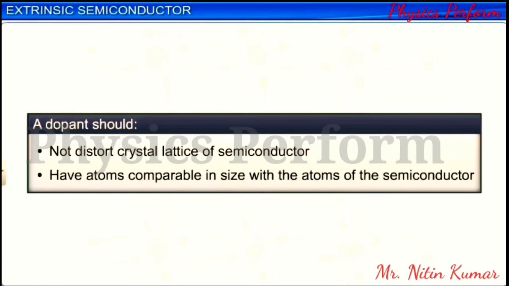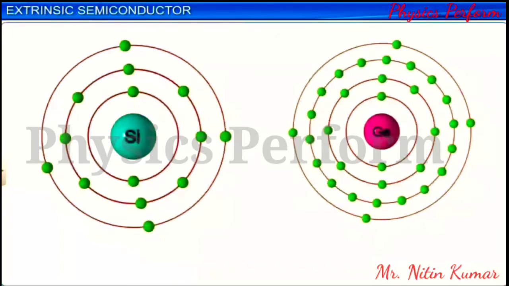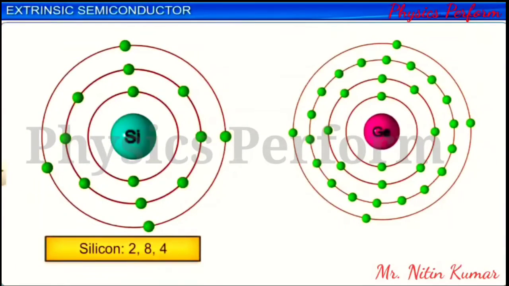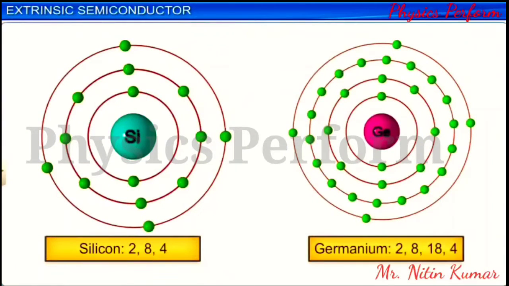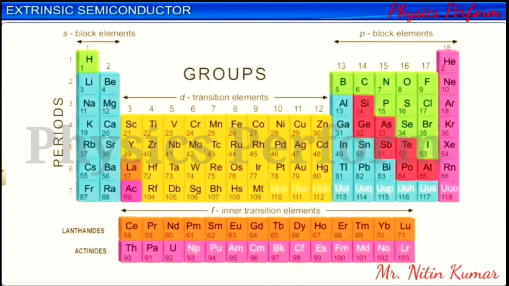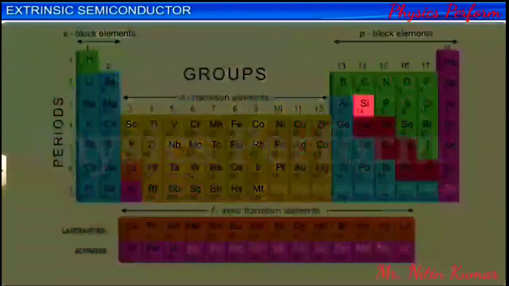We have learned that both silicon and germanium are tetravalent. That is, each of their atoms has 4 valence electrons. Commonly used dopants are either trivalent or pentavalent neighbors of silicon and germanium in the periodic table.